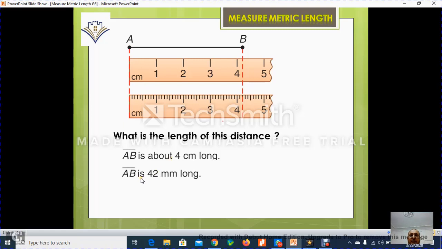Then we can say the line segment AB is 42 millimeters long. Both of them are correct, but the first one says AB is about 4 centimeters long, and the second says AB is exactly 42 millimeters long.